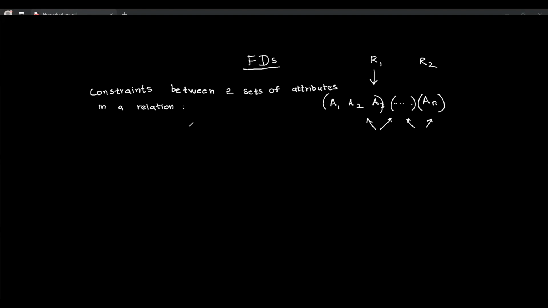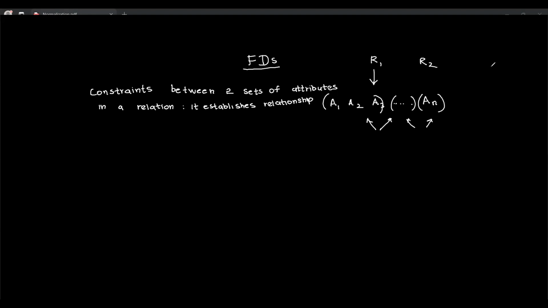So what does this constraint do? An FD establishes a relationship. This is how you can simply understand FDs. If you can't remember all these things, just keep in mind that an FD is something that creates a connection between attributes.